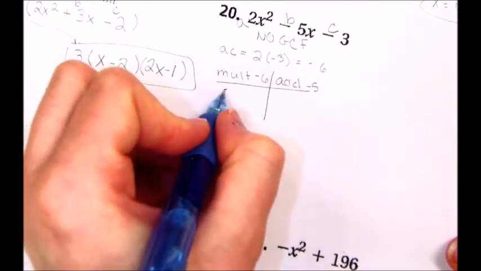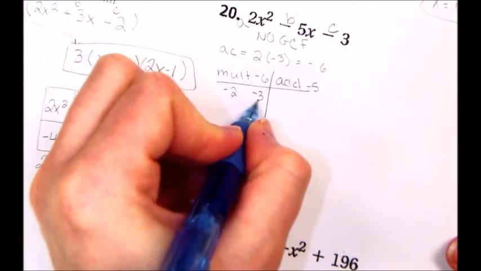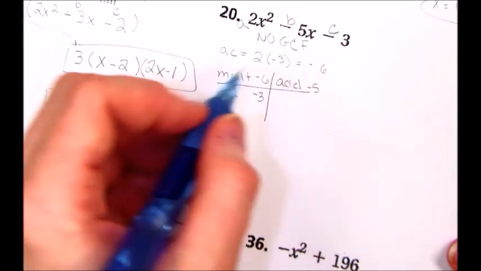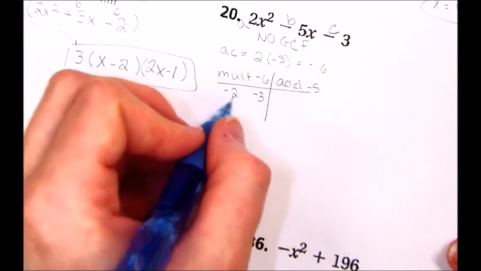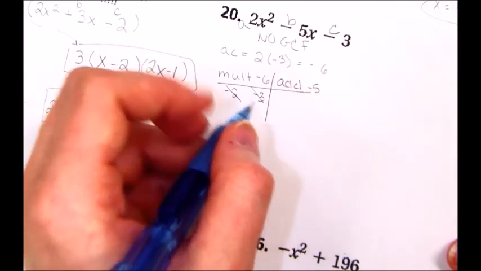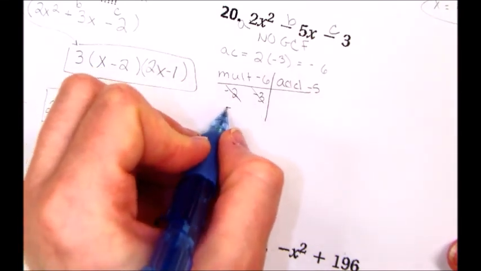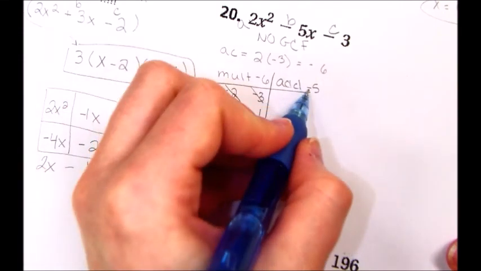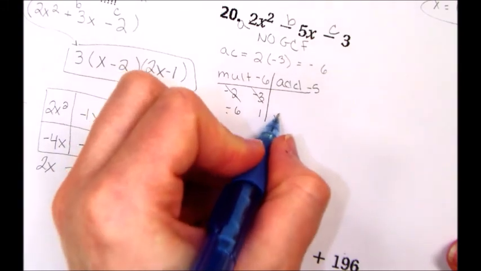So maybe you're thinking, what about negative 2 and negative 3? Well, negative 2 and negative 3 does make negative 5 when you add it, but it doesn't make negative 6. I need a negative 6 when I multiply, not a positive 6. So the answer will be a negative 6 and a positive 1. That makes negative 6 when you multiply and negative 5 when you add.